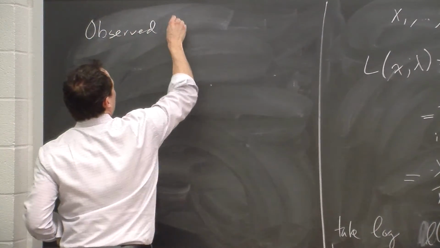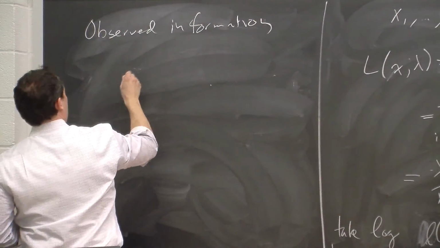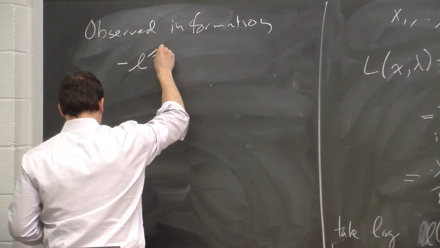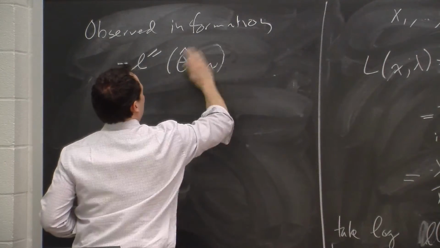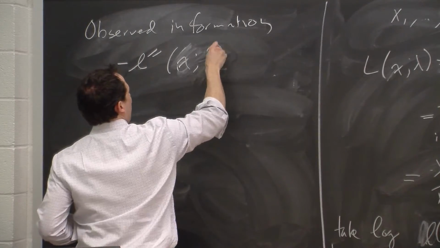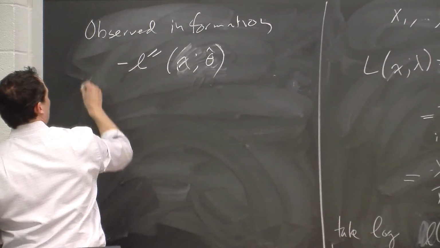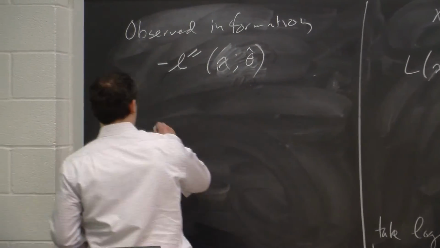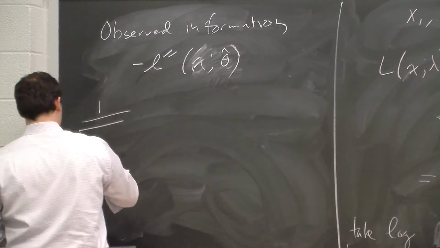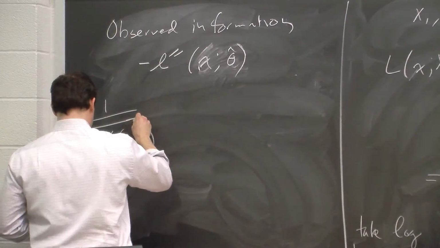So there's something called observed information, which is just minus the second derivative of the log likelihood at your maximum likelihood estimate. This is called the observed information, and there's an approximation for this standard error, which is just 1 over the square root of minus L prime prime of x, theta hat.